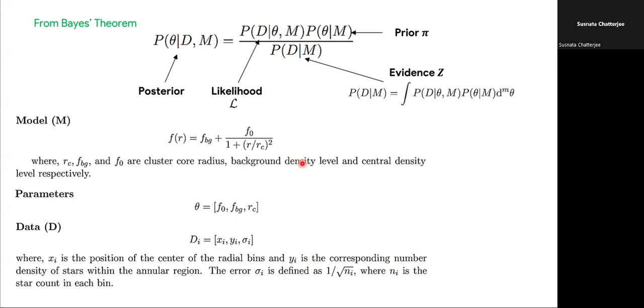But data is D_i, where D consists of D_i elements, and D_i consists of X_i, Y_i, and sigma_i. So X_i is the position of the center of the radial bins. Y_i is the corresponding number density of stars within the annular region. And the error sigma_i is defined as 1 by root N_i, where N_i is the star count in each bin.